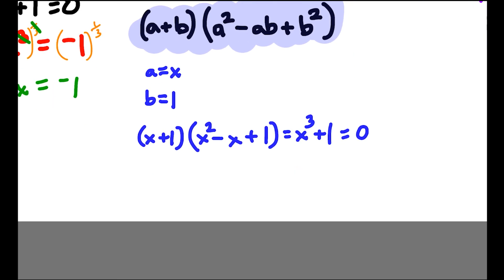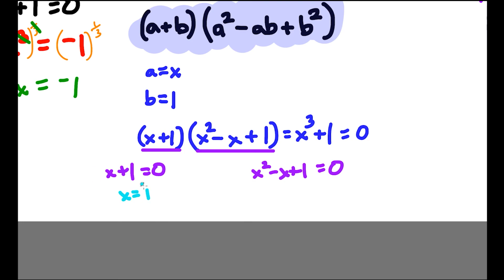Now to solve this, it's going to be similar to the last one we did. You just need to set each factor equal to 0. So this factor is set equal to 0, and now I'm going to set this factor equal to 0 here. This one we already solved as x equals negative 1. We got that right here.